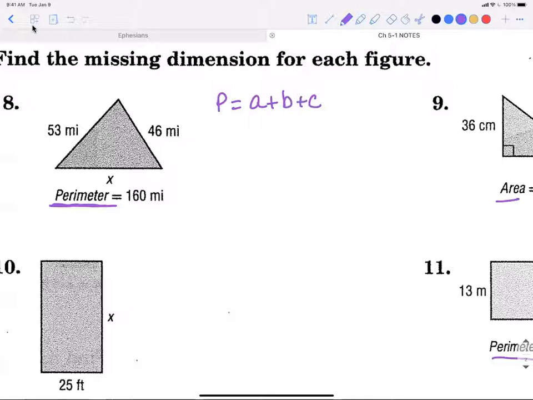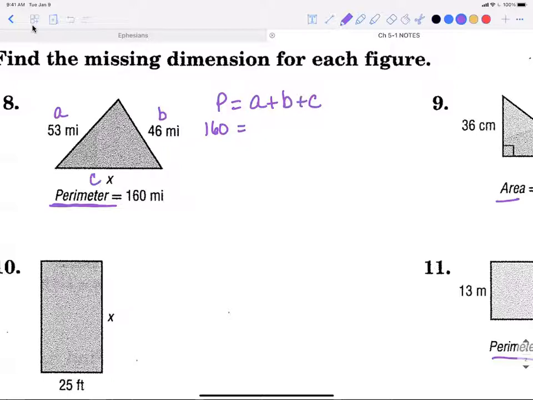In my equation, P equals A plus B plus C. Yeah, I'm going to plug it in for P. They're basically giving me the answer, perimeter is 160. And again, it doesn't matter which one we call which. If we call this A, we call this B, and we call this C.